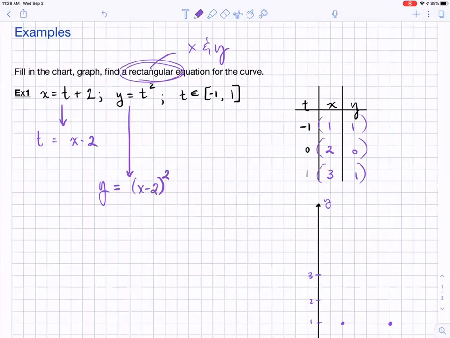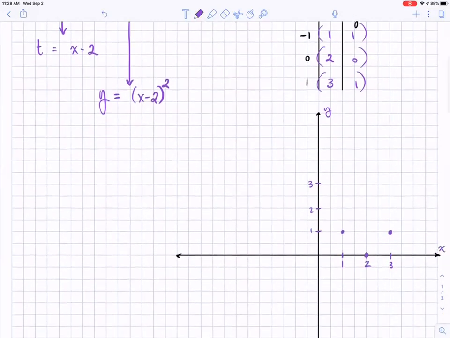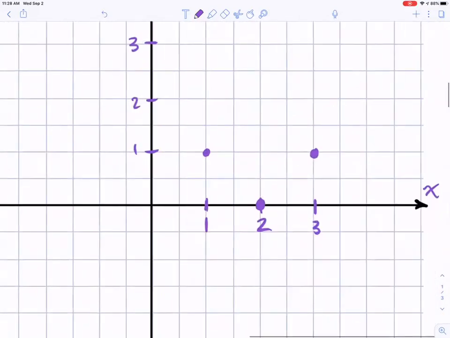But now the second thing is because of what we know in Math 110, we know what that looks like. What does that look like, that equation? Yeah, it looks like a parabola. Okay, so now I know that on my graph, I'm going to draw a parabola, but wait.